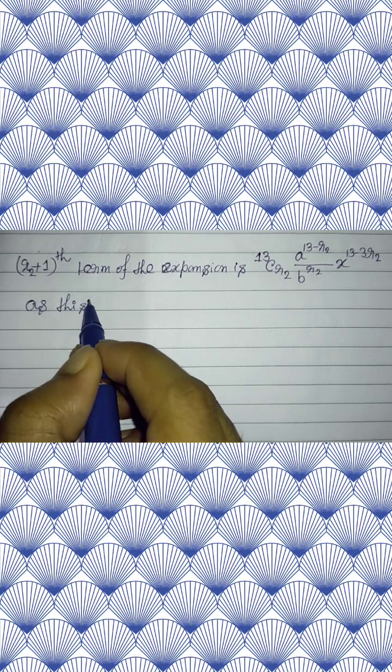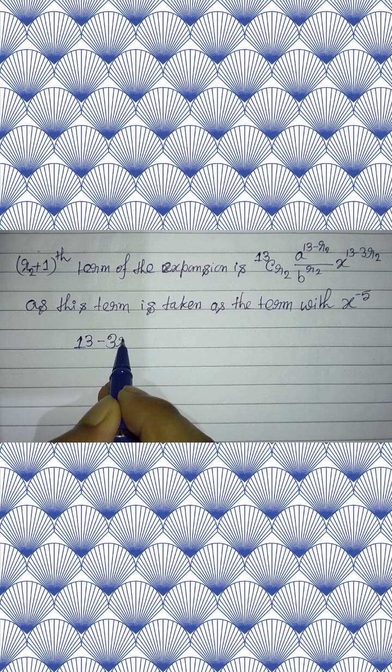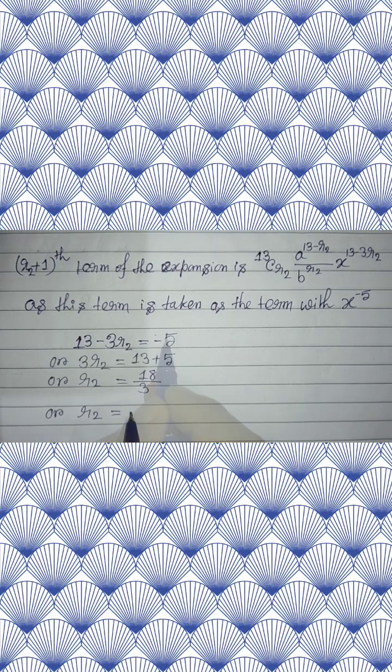Now as this term is the term with x to the power -5, we can say 13 - 3r2 equals -5, and after some simplification we get r2 equals 6.